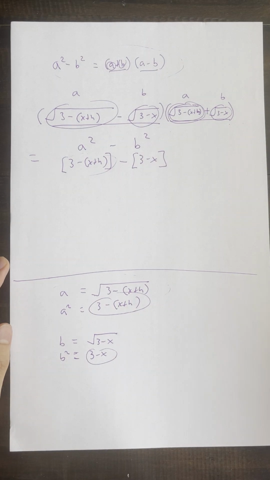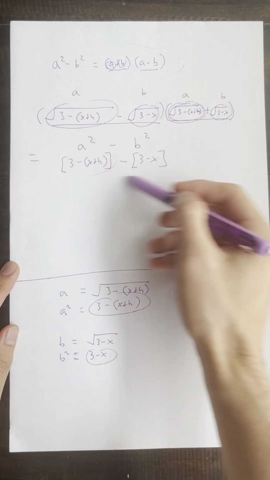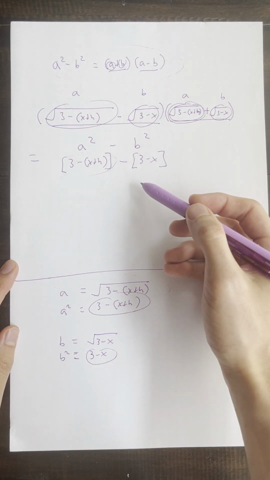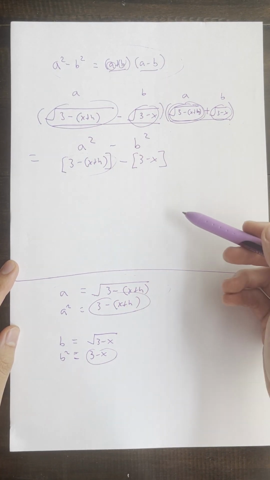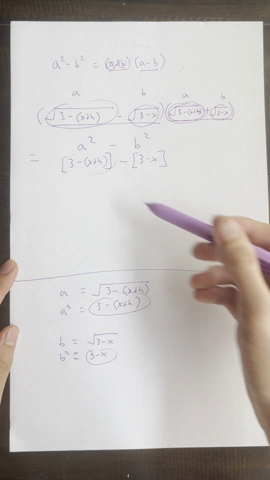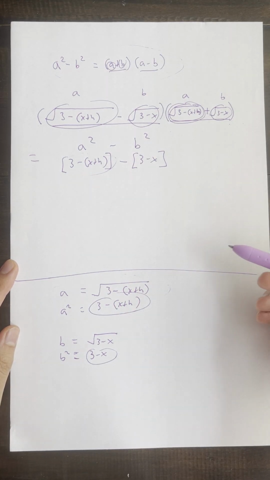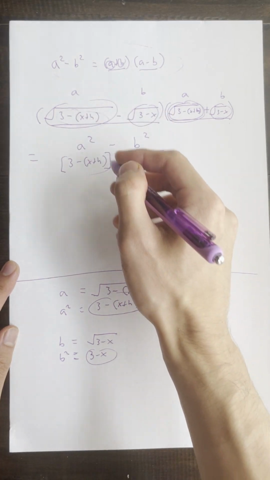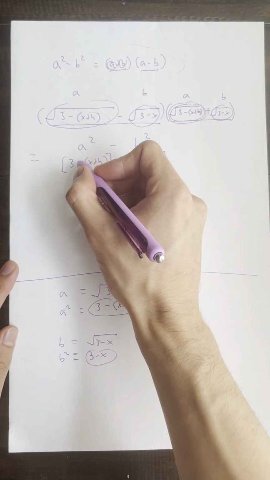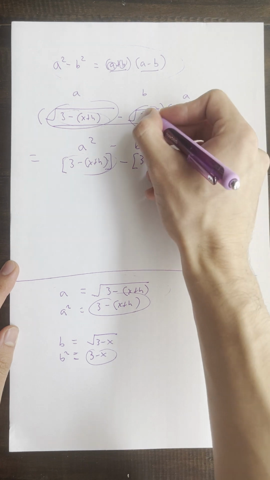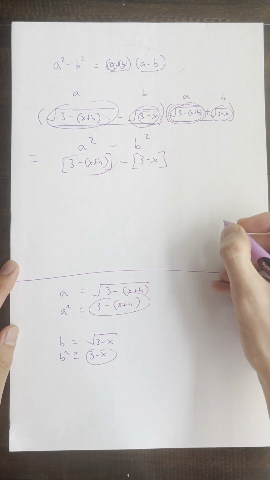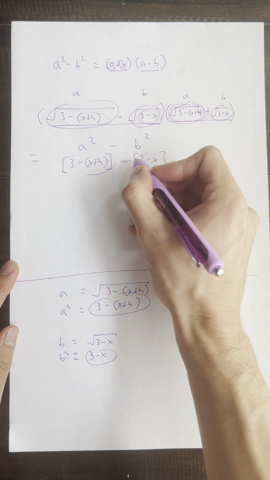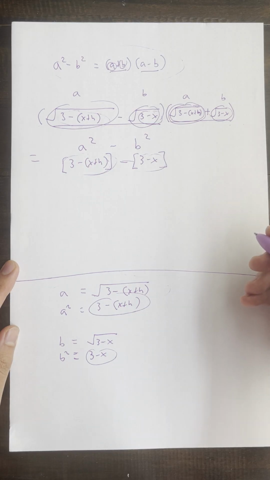Okay, now I'm going to tell you the shortcut to get from here to here. But make sure that you understand why it works. Make sure you understand my explanation earlier before you start doing this. Basically, I'm going to just take this that's under the first square root and put it here, and take this under the second square root and put it here, and we're going to subtract them. Boom.